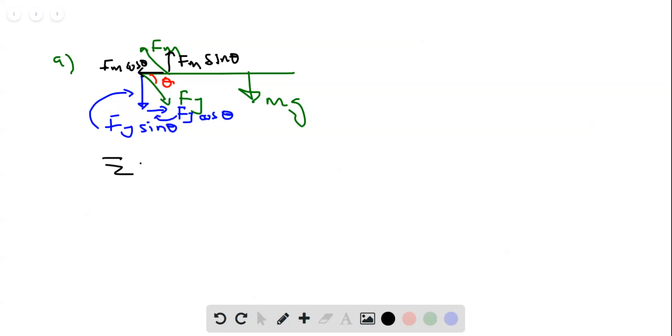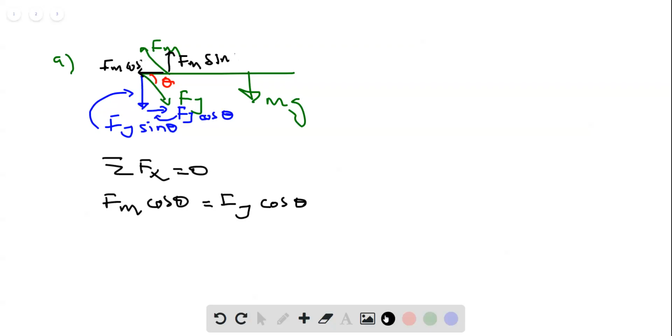We know the sum of forces in the x is 0 because the system is in equilibrium, so Fm cosine of 15 has to be equal to Fj cosine of theta. The intention is not to say theta for Fm, but to say 15 degrees, since we don't know what theta is in this problem.